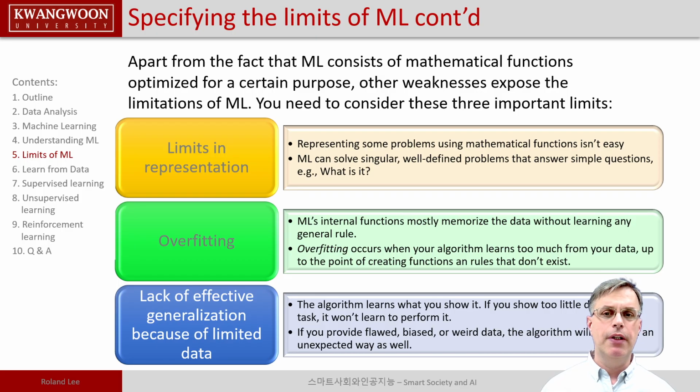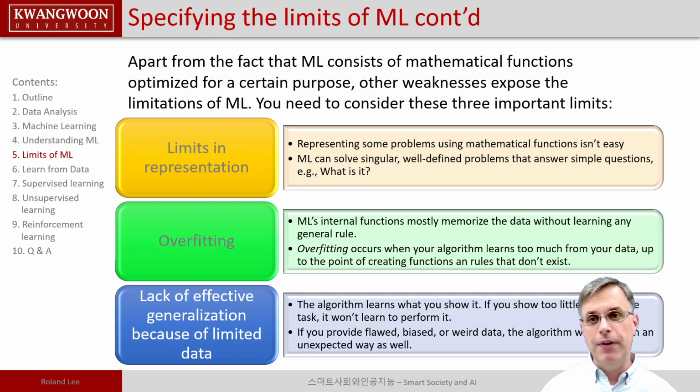At the moment, machine learning can solve singular, well-defined problems that answer simple questions such as what is this, how much is this, what comes next. Even the more advanced generative AI applications simply predict the next word or phrase in a sequence based on probability, lacking abstract or symbolic reasoning capabilities.